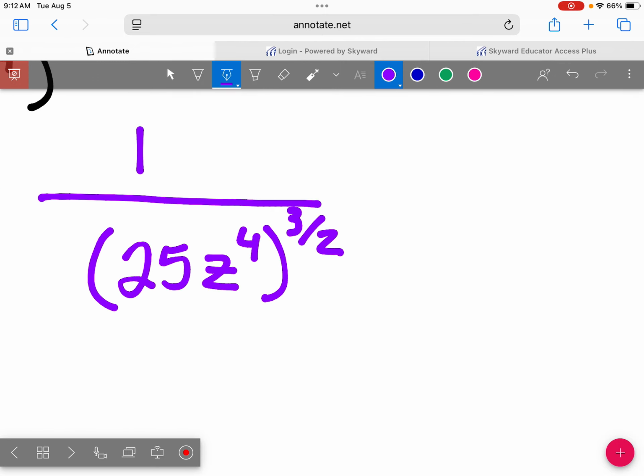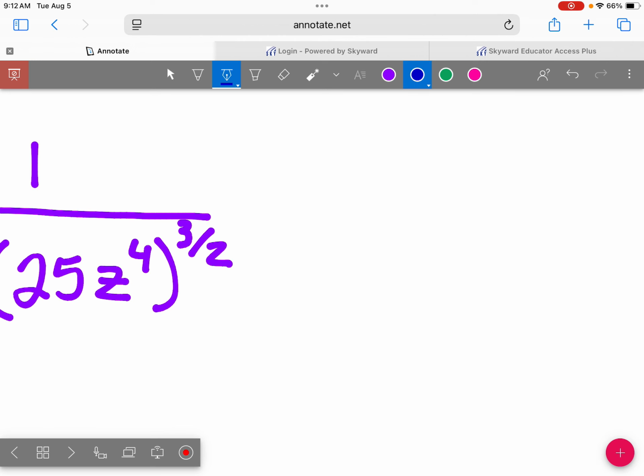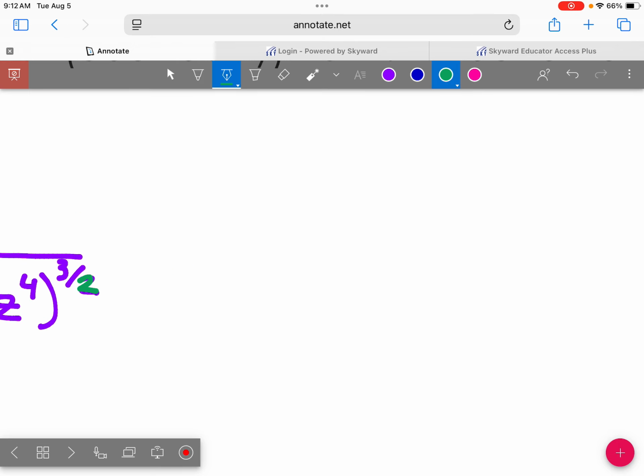Thinking through this exponent down here, that 3 over 2, what does that mean? What are we going to do with that? Kind of gross. It's the square root of that chunk cubed, right? Because our denominator here, this is our index. So we're going to take a root with an index of 2.